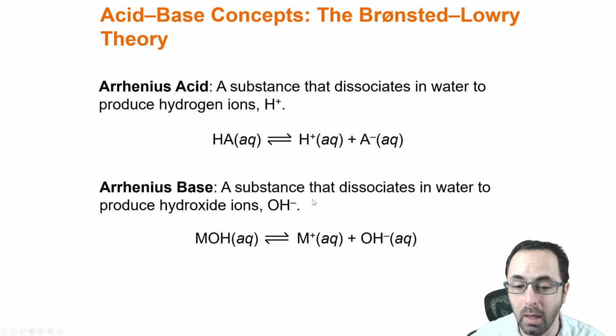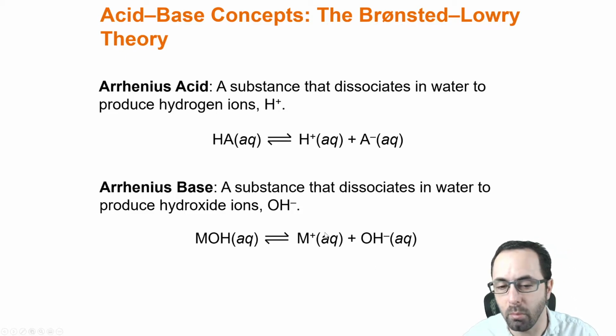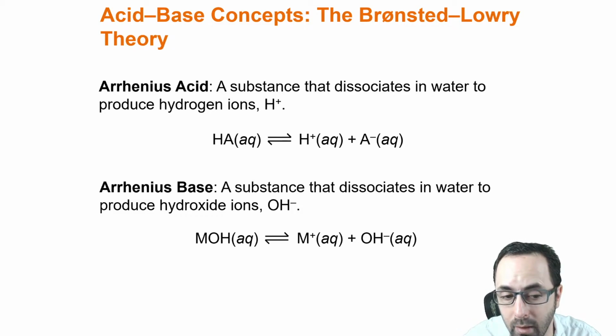An Arrhenius base is a substance that dissociates in water to produce hydroxide ions directly. So, any metal hydroxide, the M standing for some metal, produces the positive metal ion and a negative hydroxide ion. Now, this is a very strict definition of a base. We now have much wider definitions of bases than that.